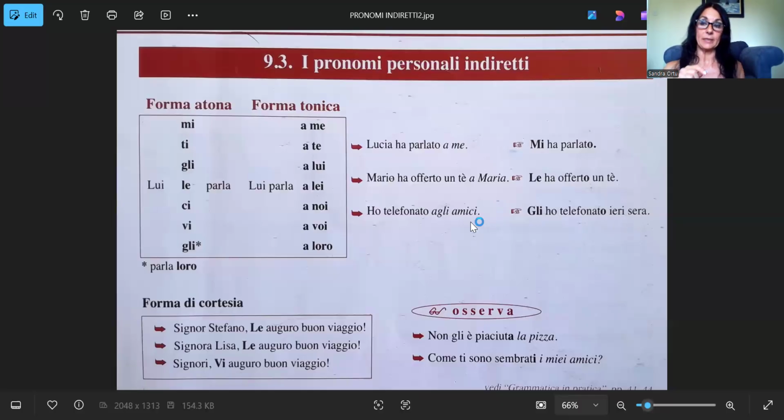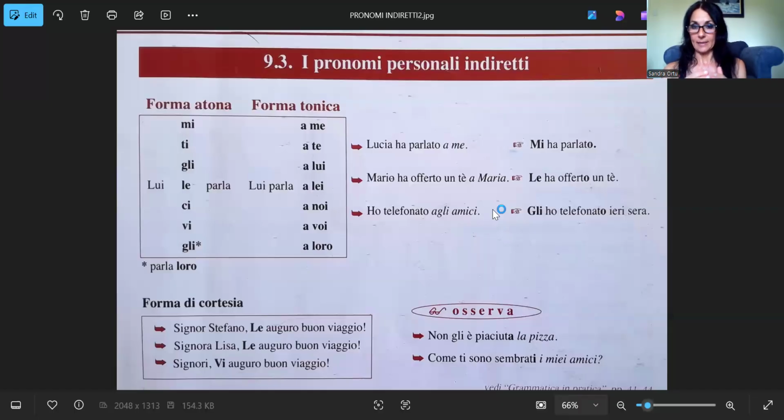Something to keep in mind, and I will spend a little bit more time on it when I post a follow-up, part 2 or 3 video to this one, is that certain verbs work slightly differently in Italian and in English. And this is one of them.